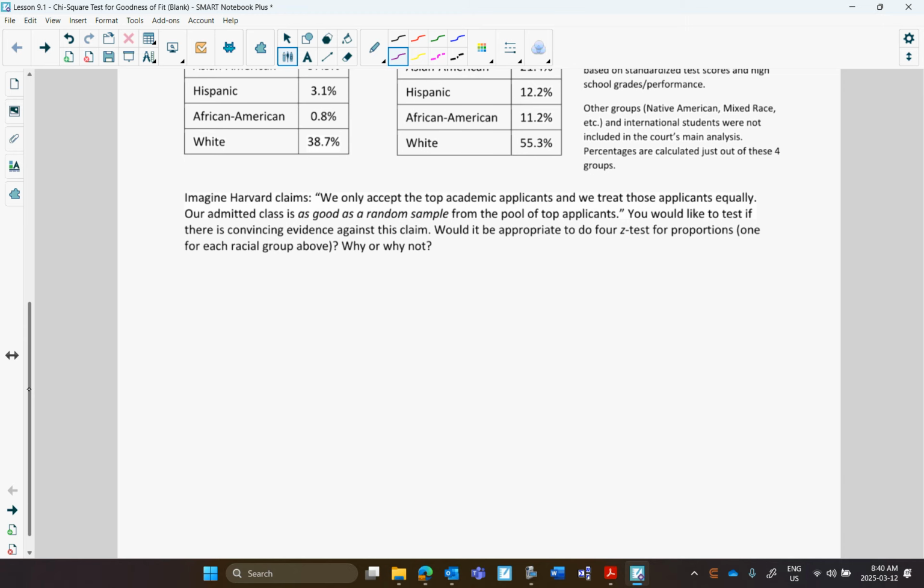If you remember when we were talking about the power of tests and type 1 and type 2 errors, every time you do a hypothesis test, if the significance level is 5%, that means you have a 5% chance of making an error, specifically a type 1 error. So the more tests you do, the more likely it becomes that one of those tests is going to be wrong. That's why we want to avoid multiple tests and come up with something different.